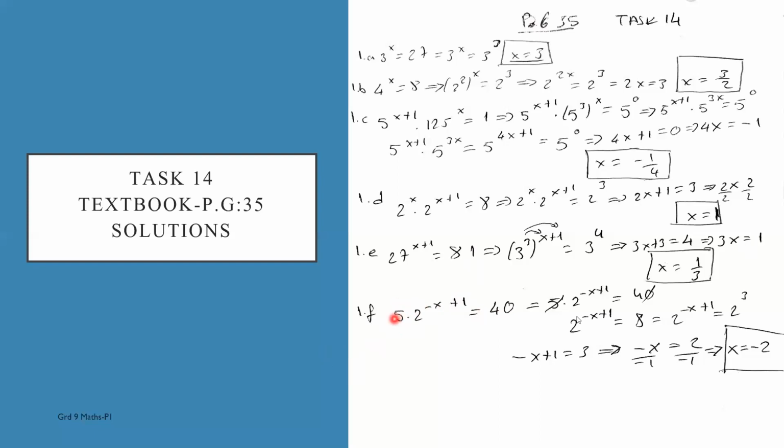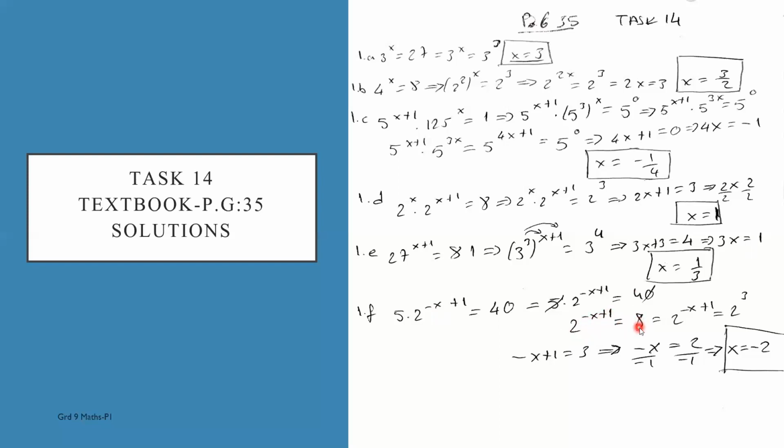So 5 and 40, they are coefficients. If I simplify them, divide both sides by 5. So 5 divided by 5 will be 1 times 2 to the power of negative x plus 1 equals 40 divided by 5 is 8. So this equation is basically, guys, 2 to the power of negative x plus 1 equals 8.